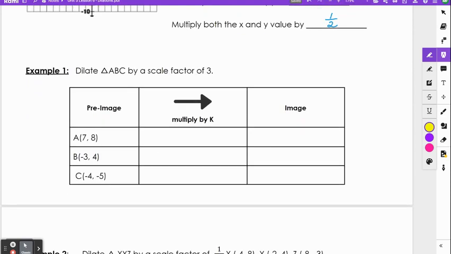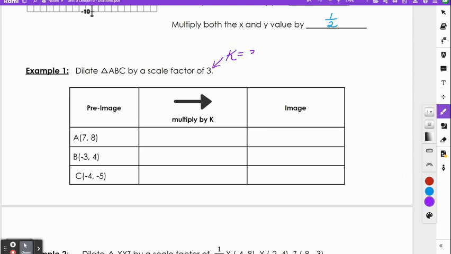All right, so moving on, it says dilate ABC by a scale factor of 3. So we're enlarging, so we're going to be multiplying by our value of k. K is equal to 3. So we're going to take each part of our coordinate and we're going to multiply it by 3.